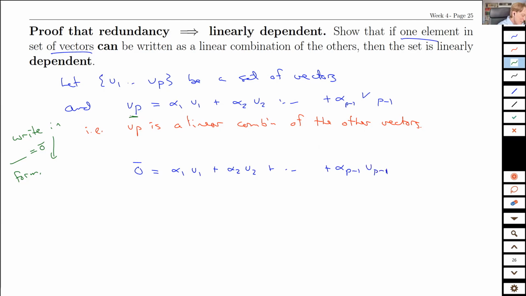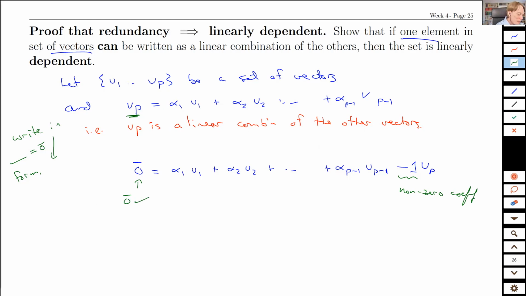And then this term here, of course, turns into negative VP. But I'm going to make it more explicit. I've got negative 1 VP. Well, this is a non-zero coefficient. This is the zero vector.